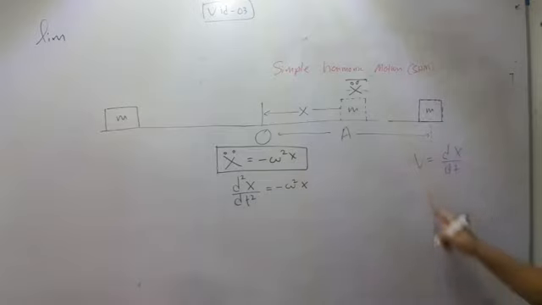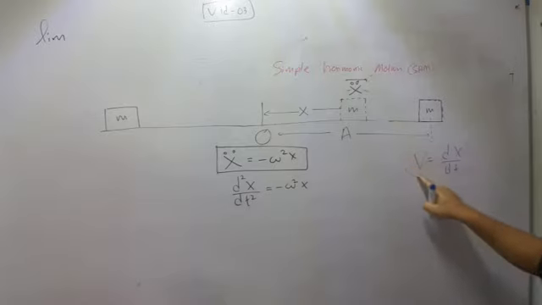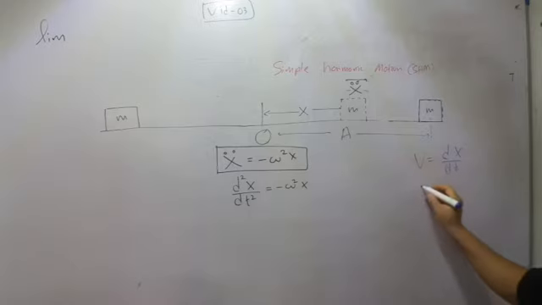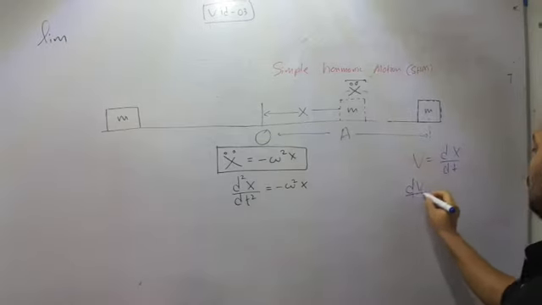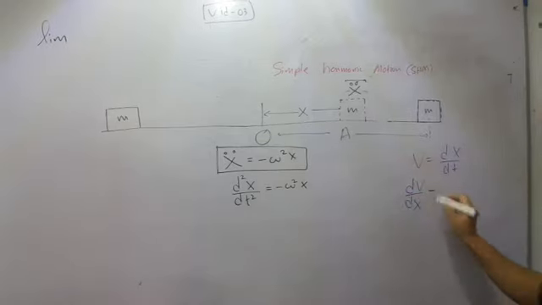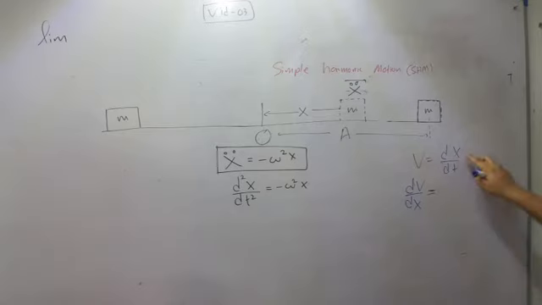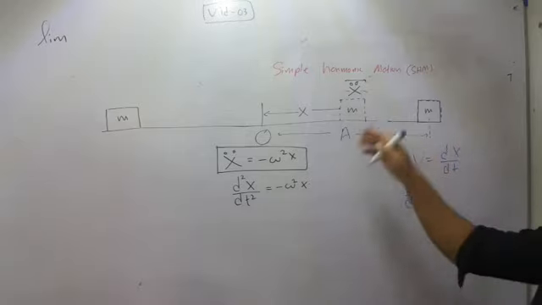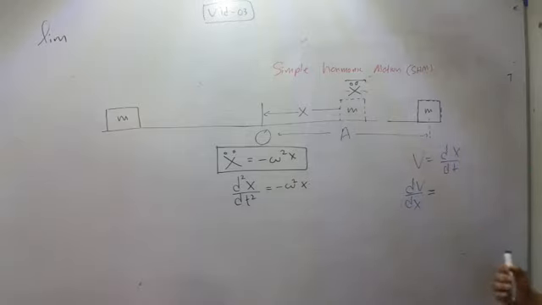Right. Now what I'm going to do here is differentiate this equation with respect to x, not time, with respect to x. So dv by dx would be, now you know that since dx by dt, that means x is a function of time, because this is a moving particle. So when a particle is moving, it will be a function of time.